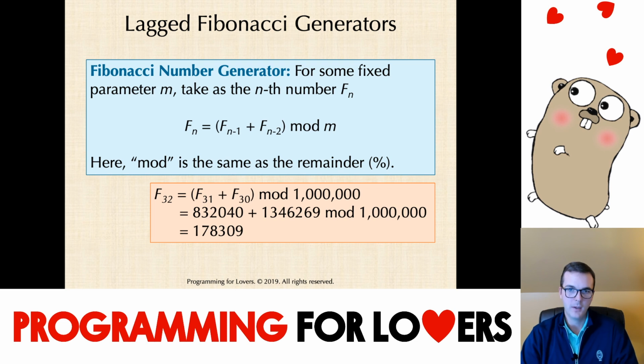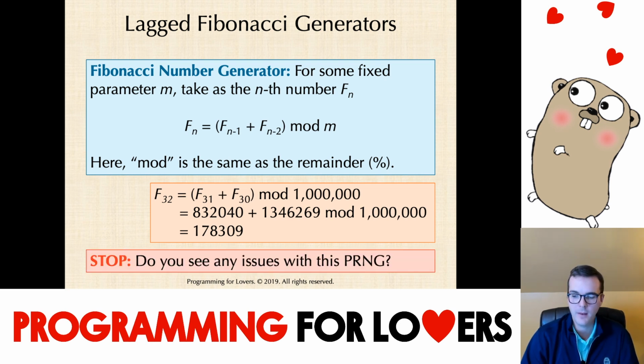So for example, if I chose the Fibonacci sequence, and I looked at the 30th Fibonacci number and the 31st Fibonacci number, so 832040 and 1346269, and I added those together and took the remainder when I divided by 1,000,000, well, I'd get this number 178309, and this seems nice because there's not any clear connection between the number that we produce, 178309, and the two previous ones.